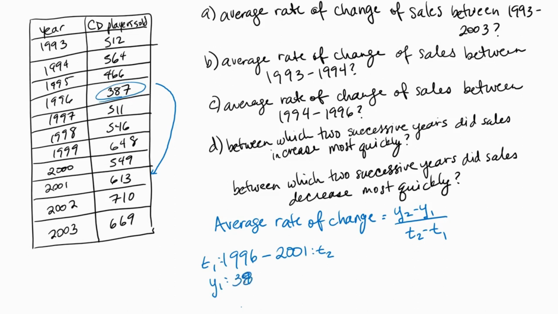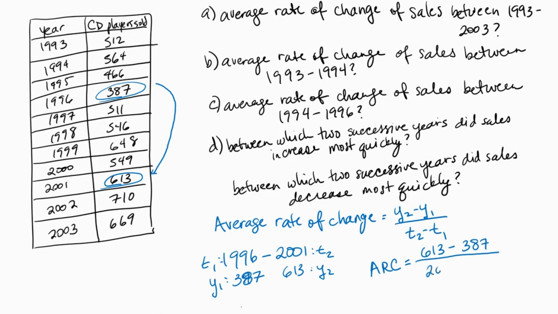And our Y2 value for 2001 is 613. So now all we're going to do for average rate of change is plug it in. So y2, 613, minus y1, which is 387.